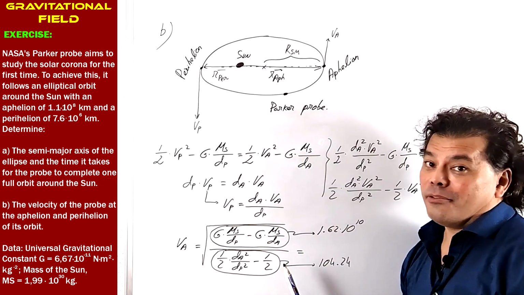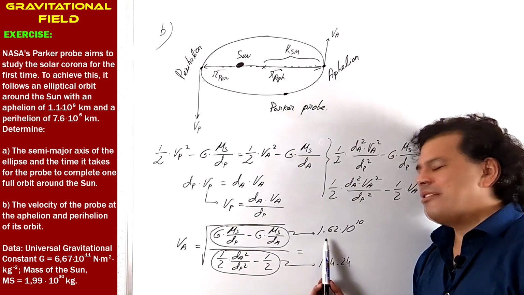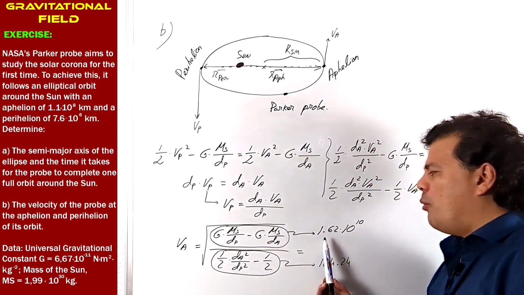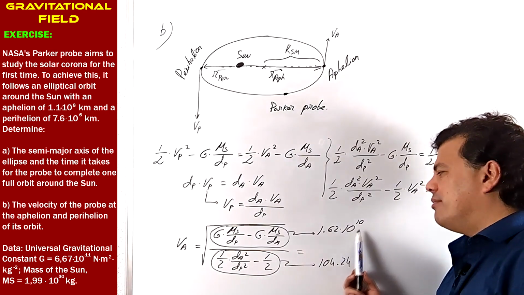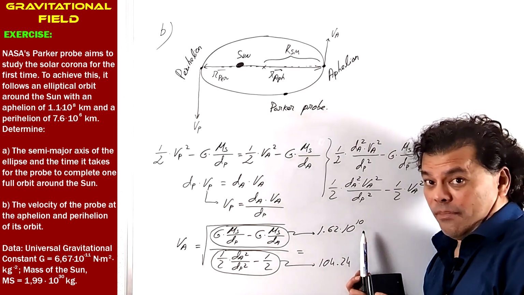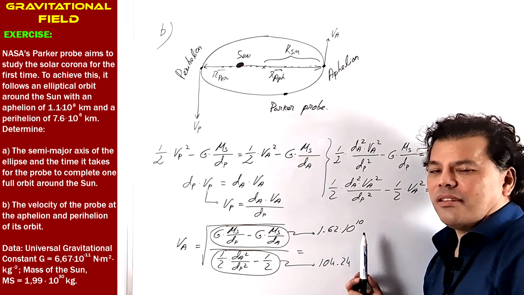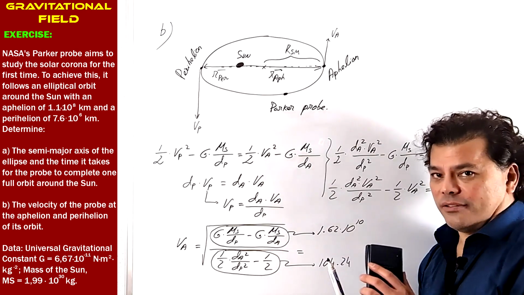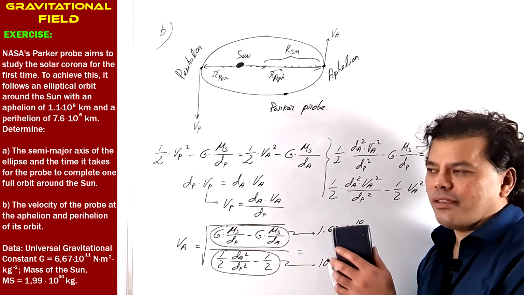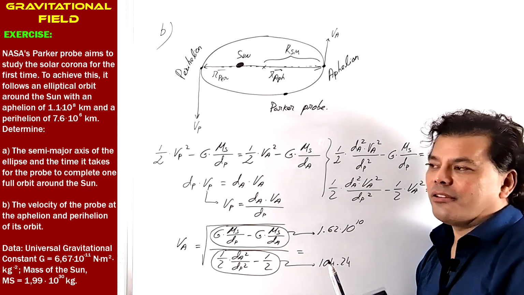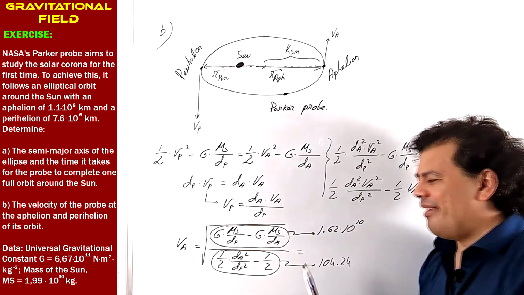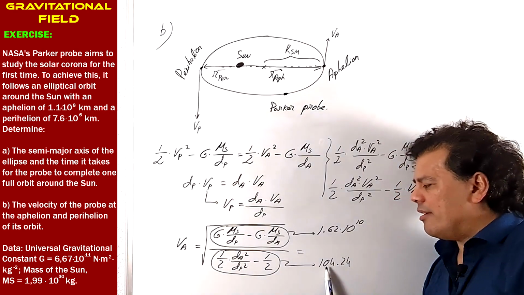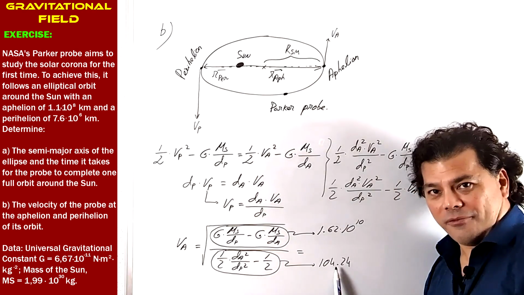Please be patient because it's time to use the calculator. In order to help you with this awful calculation, I've placed here the partial result obtained in the numerator of this fraction, 1.62 times 10 to the 10. And please be careful because you can see that the distances at this segment are given in kilometers, so don't forget to multiply them by 1000 in order to put them in meters. And here you have the partial result obtained here, 104.24.